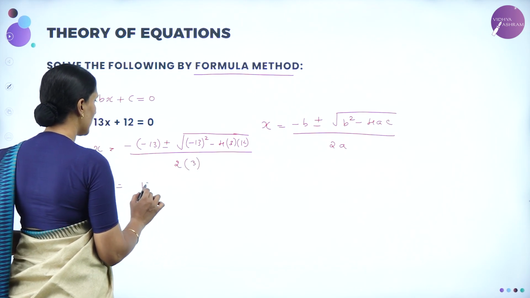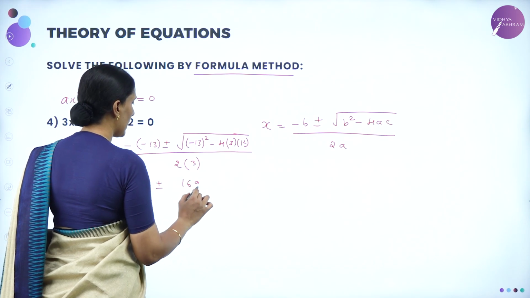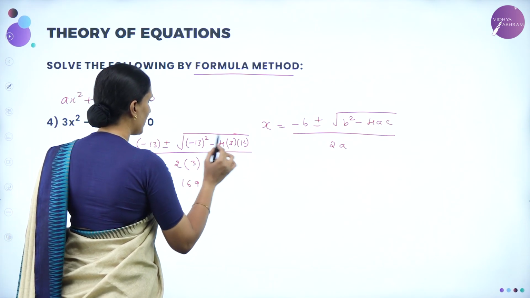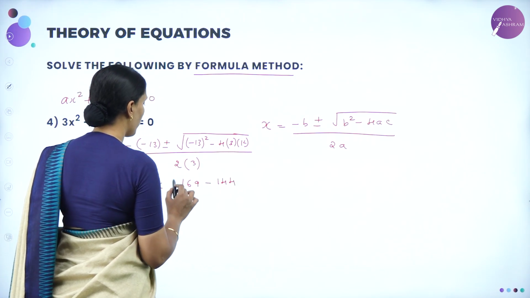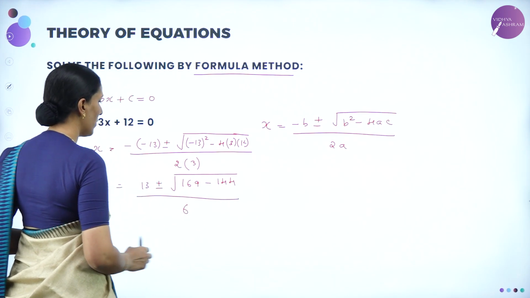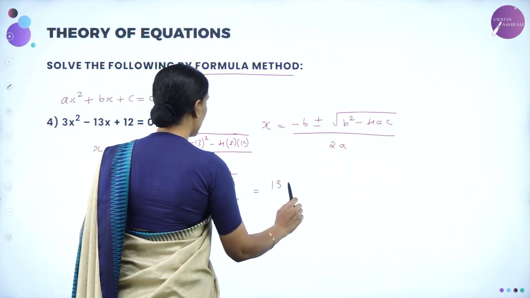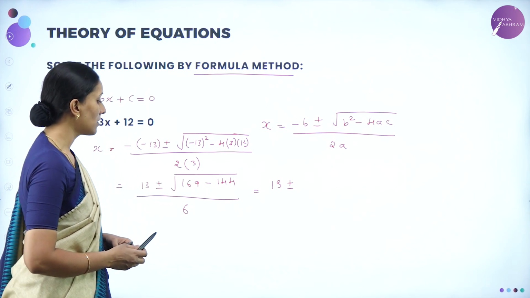Now here it is 13 plus or minus the square root of 169 minus 12 threes are 36. So again we'll get 144 in the denominator 6. If you solve this, you will get 13 plus or minus root 25. So root 25 can be written as 5.